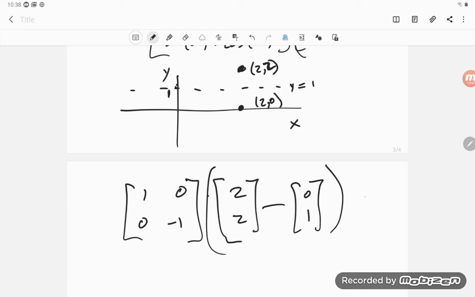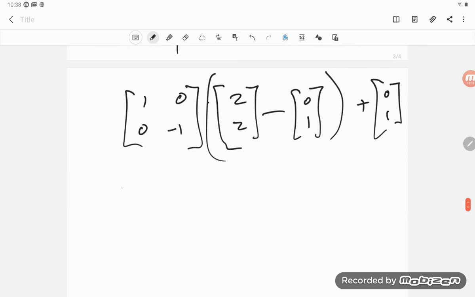And then once I've done that multiplication, I'm going to add back in 0, 1. Okay, so I have 1, 0, 0, negative 1. 2, 2 minus 0, 1 is the vector 2, 1.